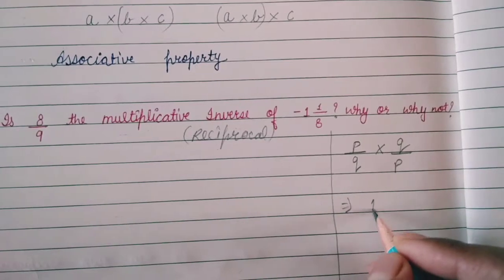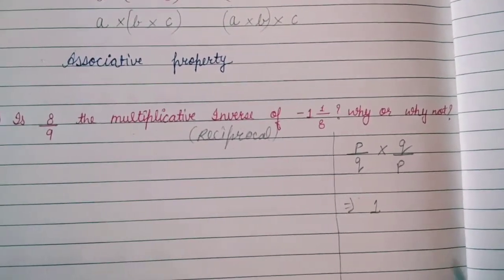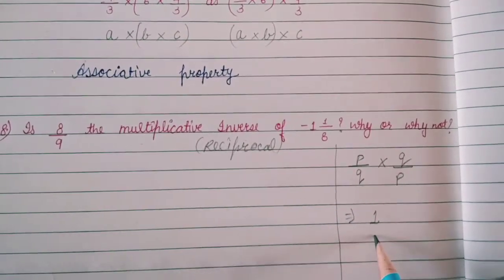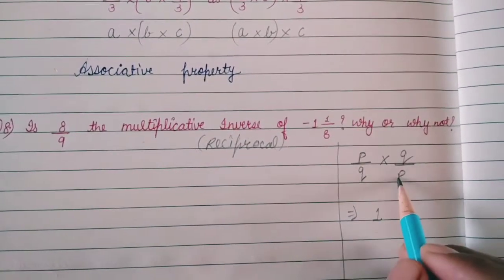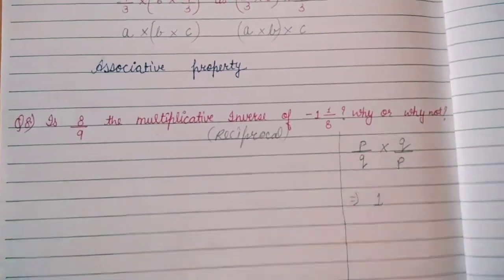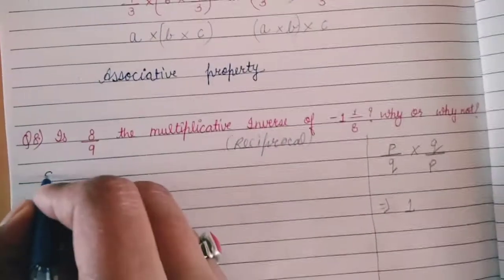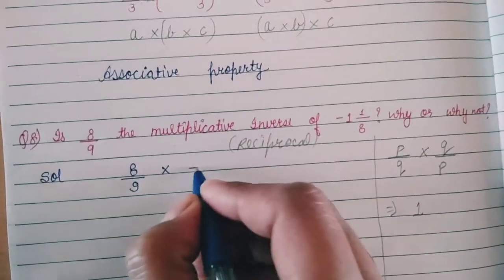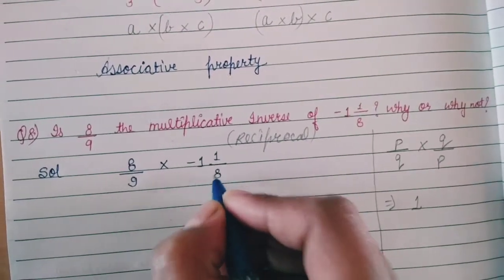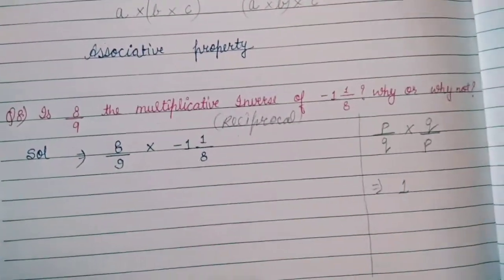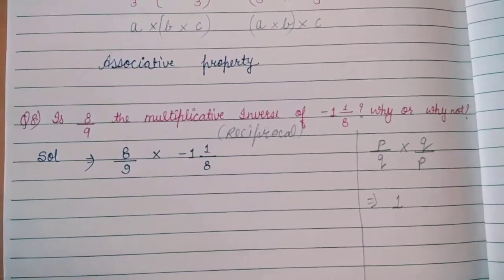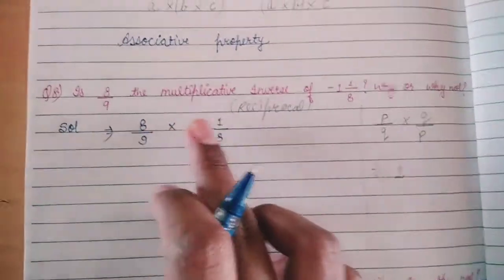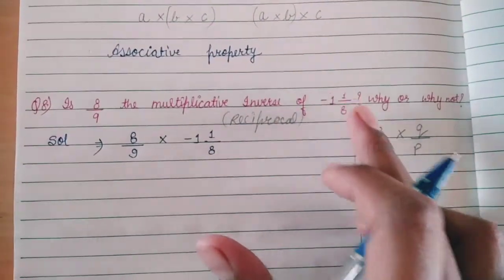If the product of two rational numbers is 1, then we can say they are multiplicative inverses of each other. So when we multiply 8 upon 9 by minus 1 1 upon 8, we need the answer 1. If the answer is 1, then we can say yes, 8 upon 9 is the multiplicative inverse of minus 1 1 upon 8.